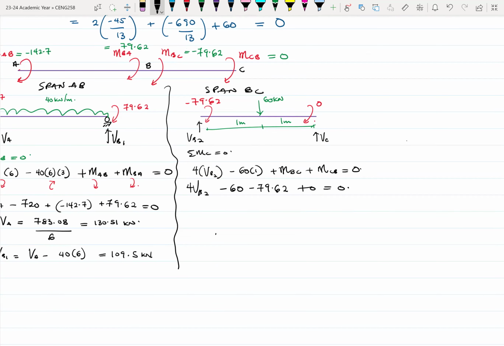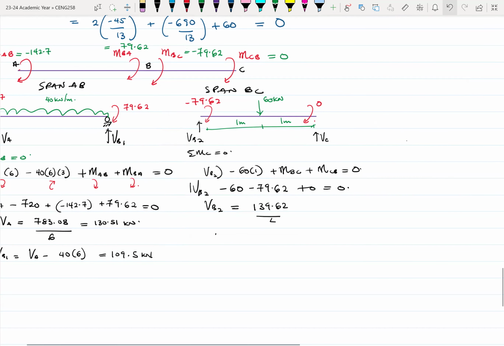Now let's find our values. 60 plus 79.62 gives 139.62, so VB2 is equal to 139.62 over, not 4, sorry, it's supposed to be 2 meters, not 4.